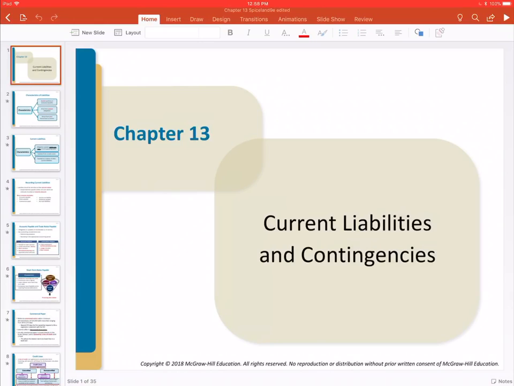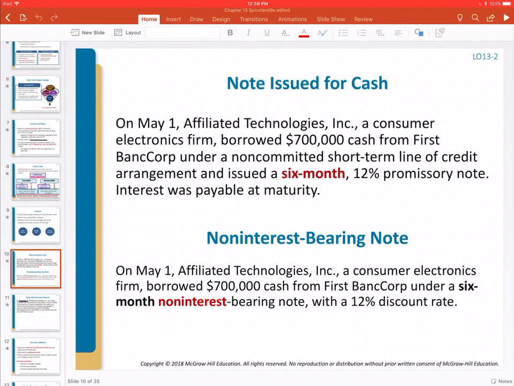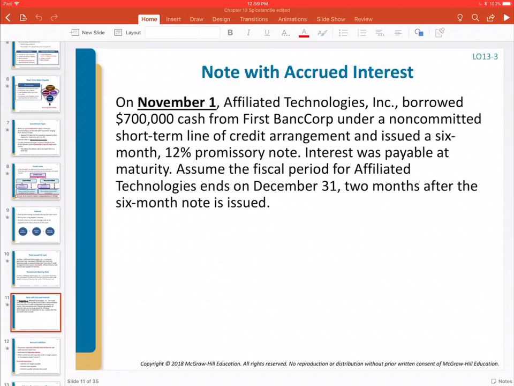So Chapter 13 walks through a wide range of different current liability transactions, things related to salaries, unearned revenue, and a variety of different types of short-term liabilities. But I'm going to focus on two in particular. If I scroll to slide 10 and slide 11, I'm going to walk through the example of a short-term note payable that has accrued interest that carries over from one period to the next.